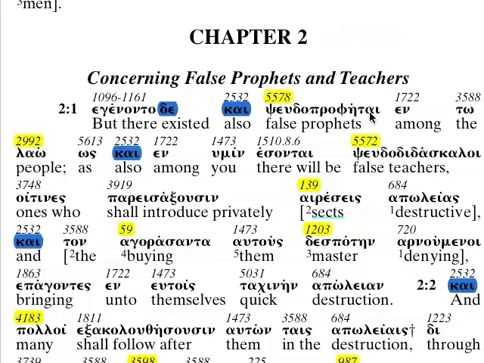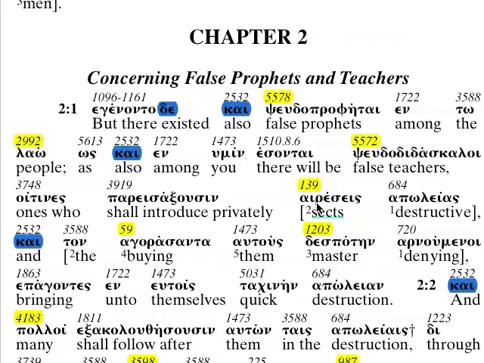False prophets among the people, laos, laity, as also among you there will be pseudodidaskaloi, false teachers. The pseudo is the same, the false, and didactics has to do with teaching, didaskaloi, teachers, false teachers, ones who shall introduce privately destructive sects, haireseis.